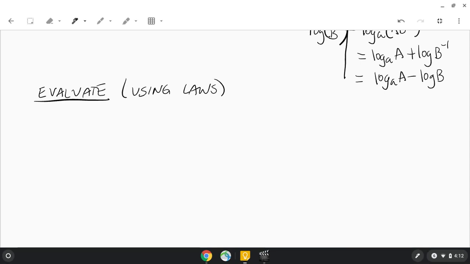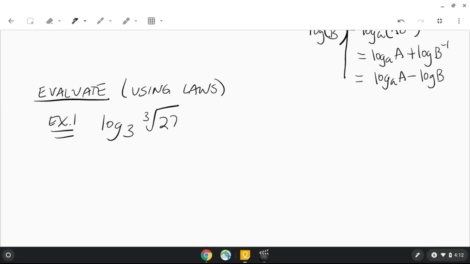Suppose that I need to evaluate this log base 3 cube root of 27. Over here, I can rewrite that cube root using an exponent.